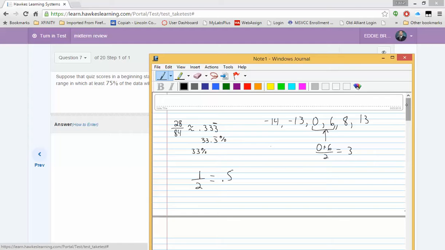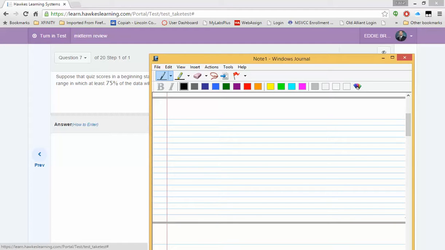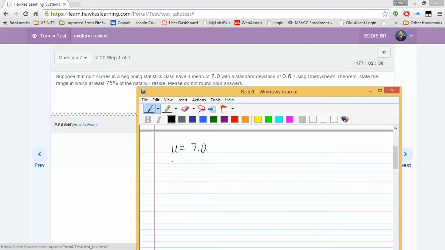Let me write this down again: a mean of 7.0 and a standard deviation of 0.6. These could be population or sample variables; it doesn't matter here. The key is the at least 75%. Another popular percentage is 88.9%, which we'd calculate slightly differently, using 3 standard deviations.